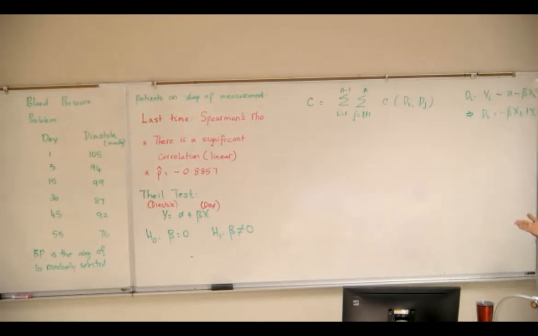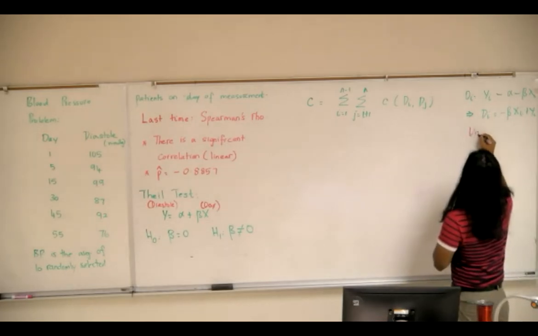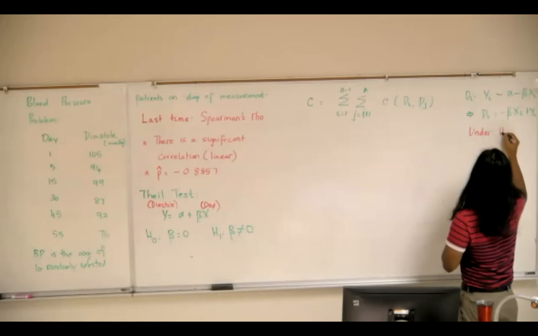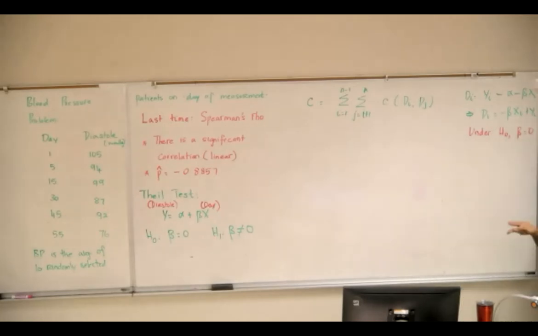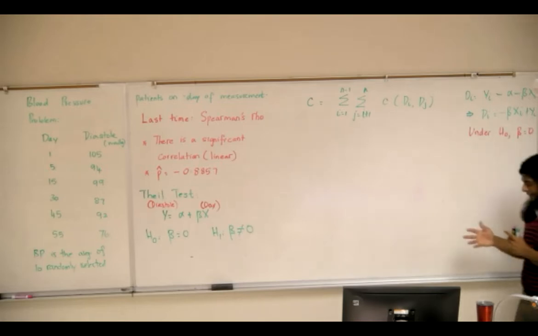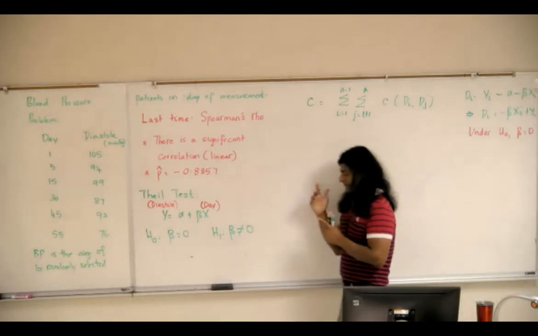Under the null, if the null has any credibility, beta will be 0. Do we agree? So the difference is simply yi minus whatever you hypothetically get from that model, alpha plus beta xi.